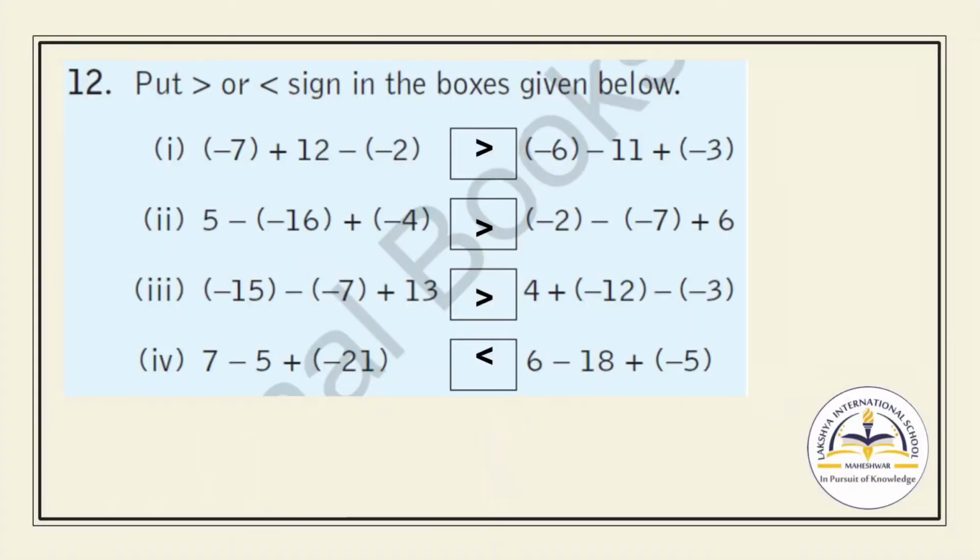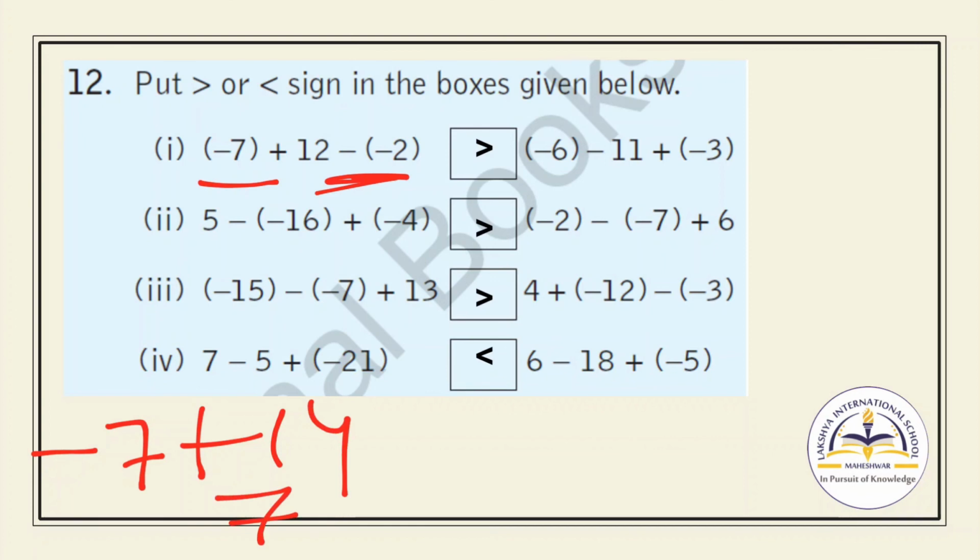Now question number 12. Put greater than or less than sign in the boxes given below. Here you just have to compare both the values, in the LHS and the RHS, and then put the sign in the boxes. So minus 7 plus 12, plus minus minus is plus, so minus 7 plus 12 plus 2 means 14.